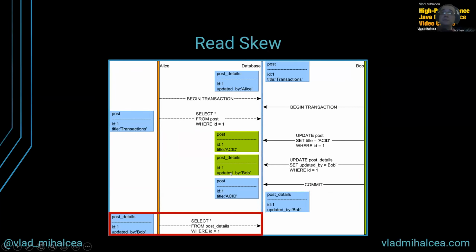Now when Alice resumes and reads the post details, she's going to read the value of updated by Bob. So in her transaction she has this combination: the post with the title transaction was written by Bob, which never existed, because now the reads in this transaction span two database consistent states, but different states, not the same state.